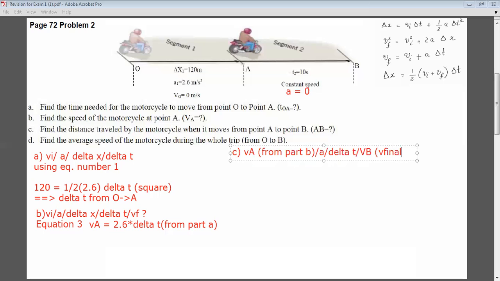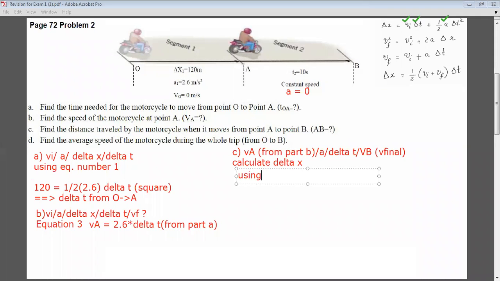And what is the question asking me for? Calculate delta x. Okay, so I have the initial, I have acceleration, I have delta t. So let's see if I can use the first equation. Delta x is equal to this. I have the initial, I have delta t, and the acceleration is 0. So I can use the first equation.